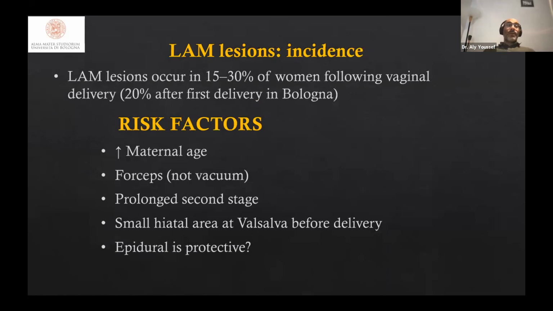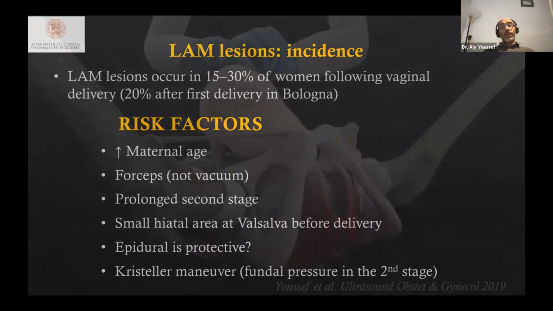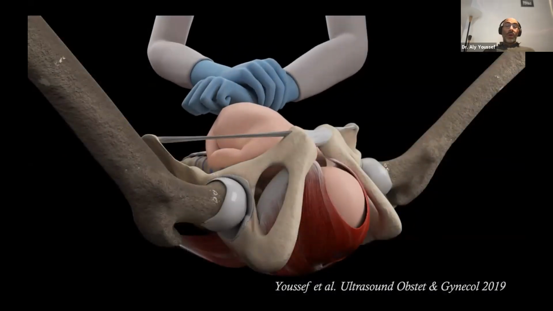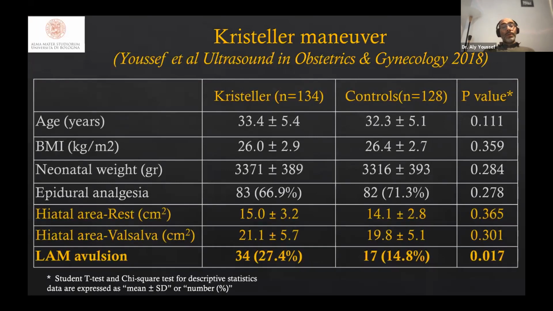Some studies have found that epidural analgesia may be protective against damage to the levator ani muscle, although not all studies have found it. And we have recently demonstrated that the Kristeller maneuver, which is fundal pressure in the second stage, is associated with more than a doubled risk of having a levator ani avulsion.